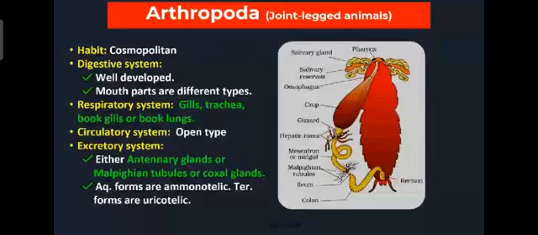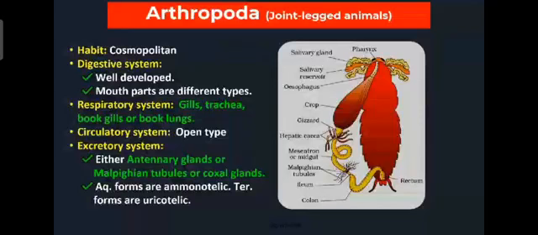Many thread-like structures are present. Those are the Malpighian tubules, and they are the important excretory organs. Remember the name Malpighian tubule. One more is the antennary glands, but that is not important for you. Just remember Malpighian tubules. Clear?